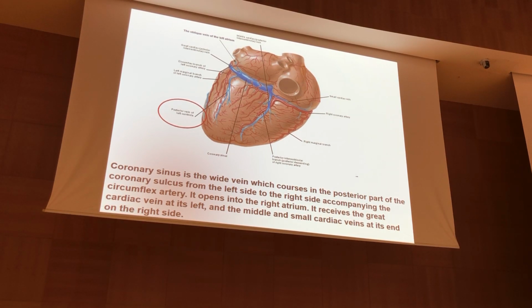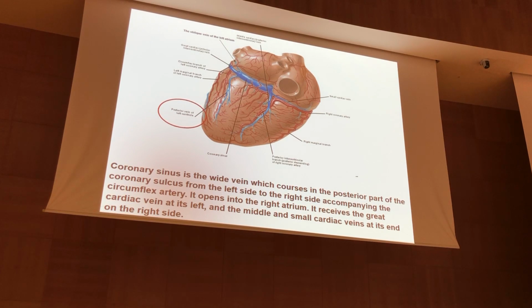But the coronary sinus is being fed by three major veins, and it is important to know where they are located. One is the great cardiac vein, second is the middle cardiac vein, and the third is the small cardiac vein. And remember this: great will be with the LAD, middle will be with the PIA, and the small will be with the right marginal. Okay, let's see.